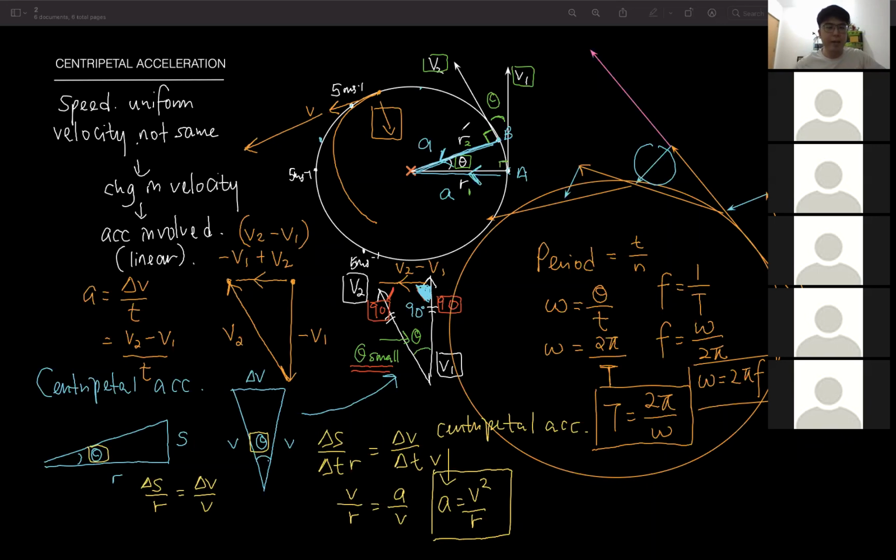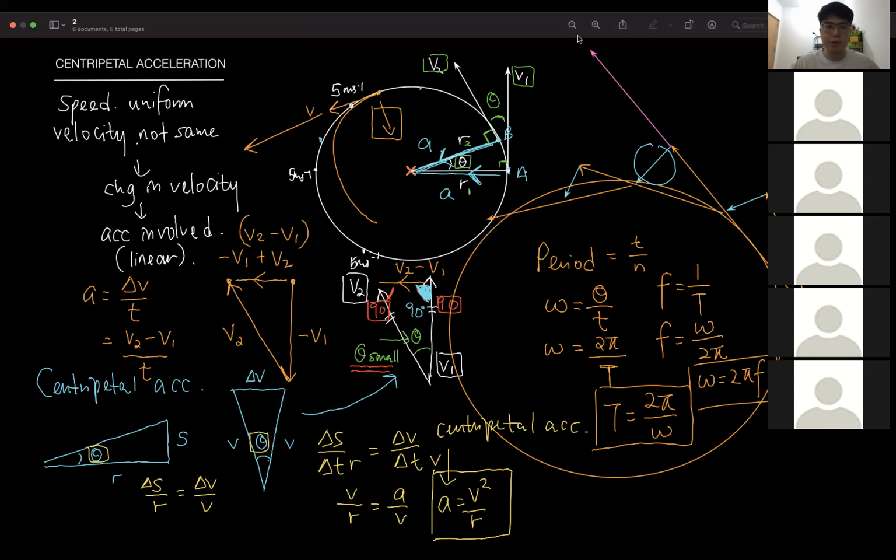You have learned that whenever there is acceleration, there is a force, a resultant force, F equals ma. So same for this one. If there is centripetal acceleration, there must be a force somewhere that creates it. For the next part, we will look at this force that we call the centripetal force. All right, so I'll go to the next slide.